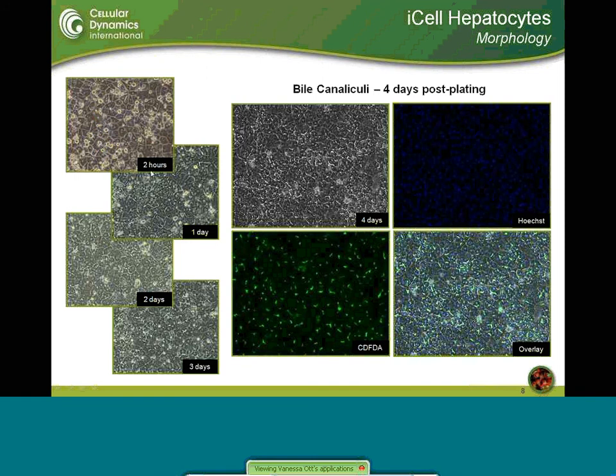Then you get better spreading out and a more tight monolayer after the first day, which is maintained for several days in culture. The large images are taken 4 days post-plating, and the lower left is CDFDA staining, which is another marker for the formation of functional biocanaliculi.